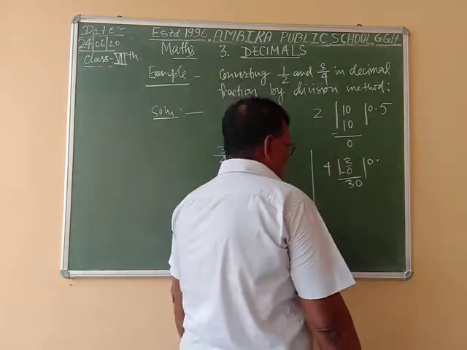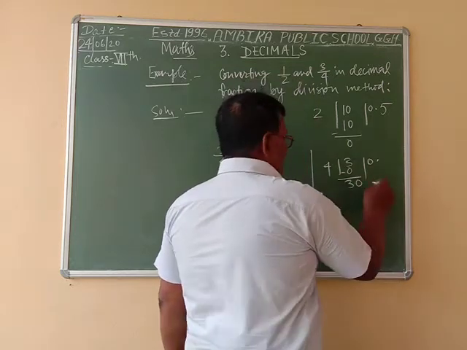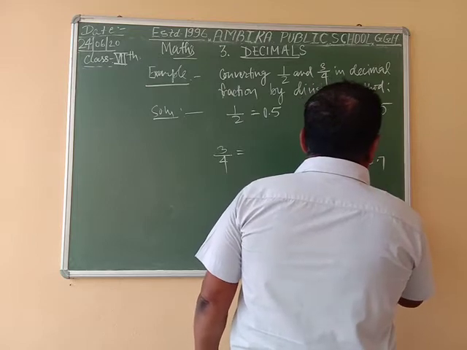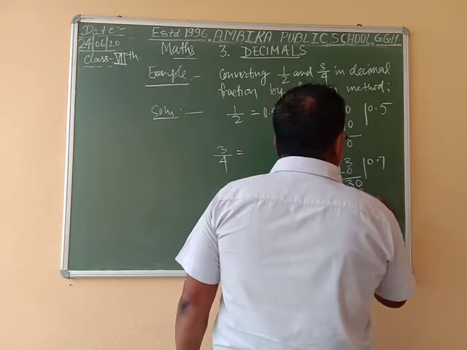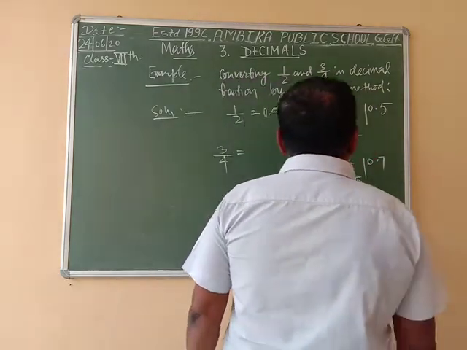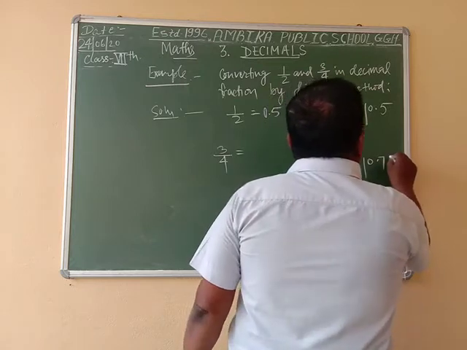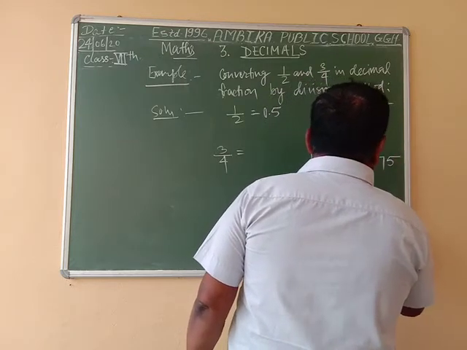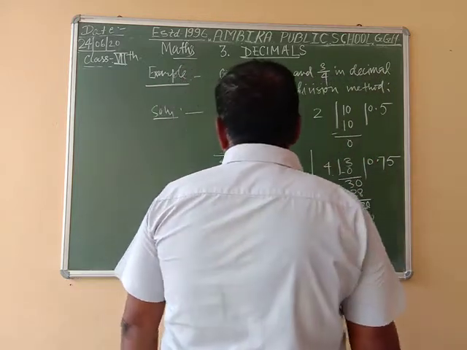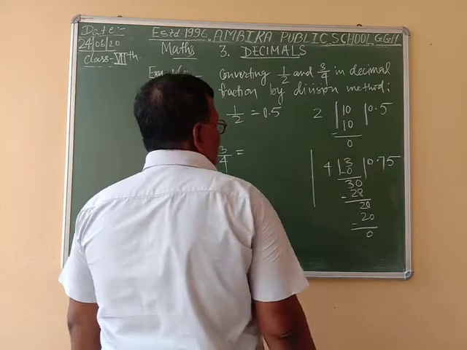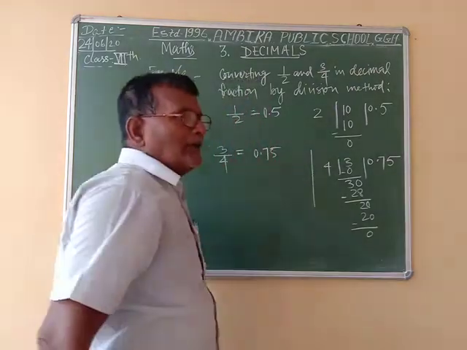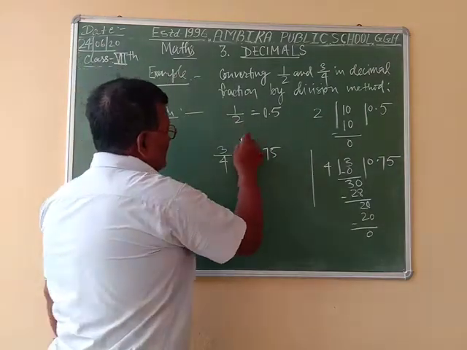Now we can divide 30 by 4. 4 sevens are 28. On subtracting, 2. Again 0 we write in the dividend, and after dividing, 5 as quotient, 4 fives are 20. So the decimal form of the fraction 3 by 4 is equal to 0.75.